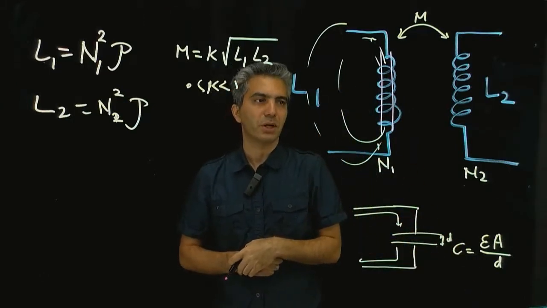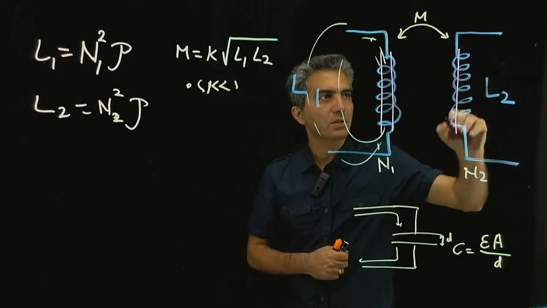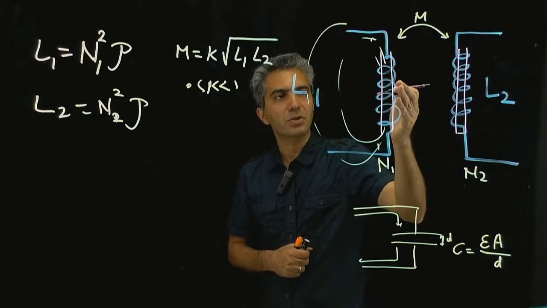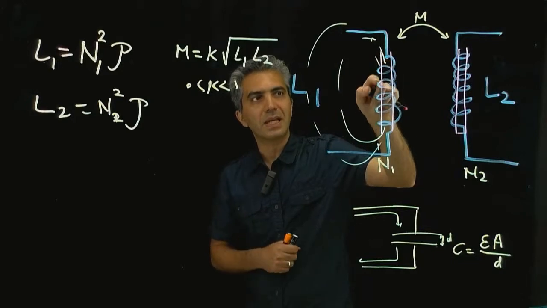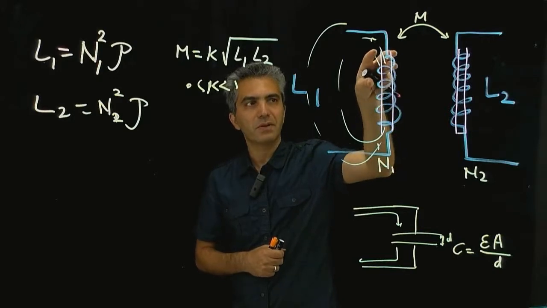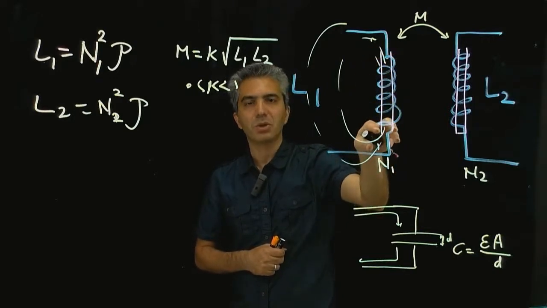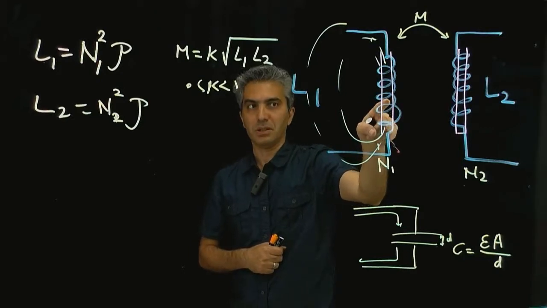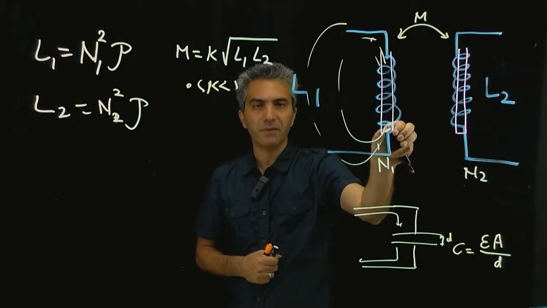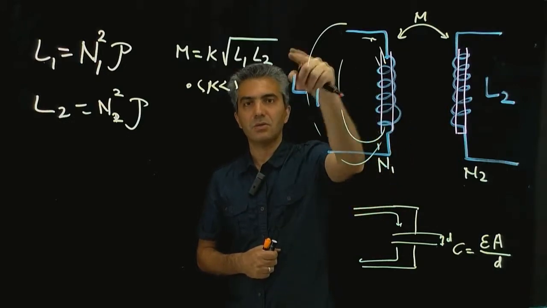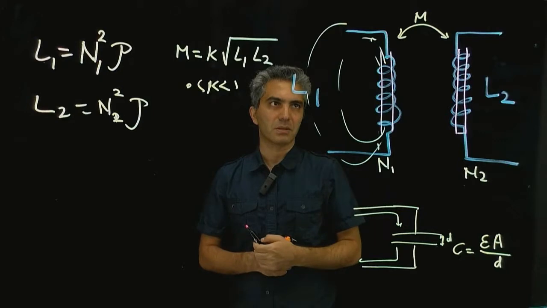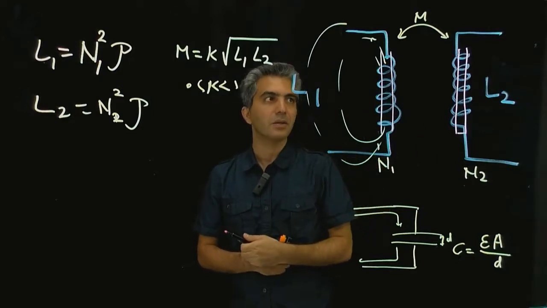If I do this for this one, I can get closer and closer to a point where I can neglect the magnetic flux anywhere else and say most of the magnetic flux is confined within this material, because its permeability is much higher than the permeability of air. As a result, a lot of magnetic flux is in the material, whereas as soon as you go out, there's not much.